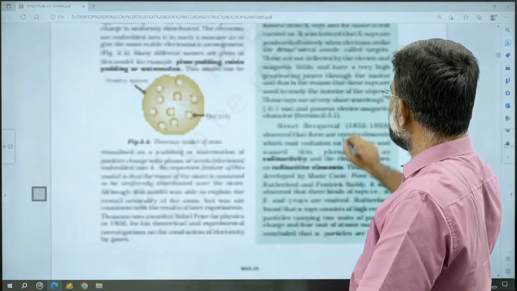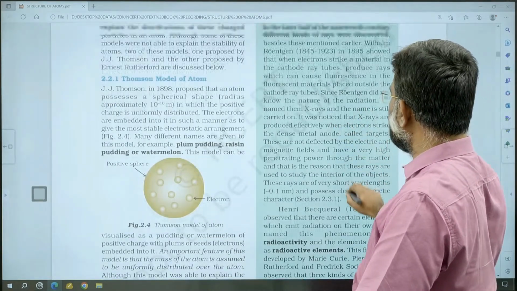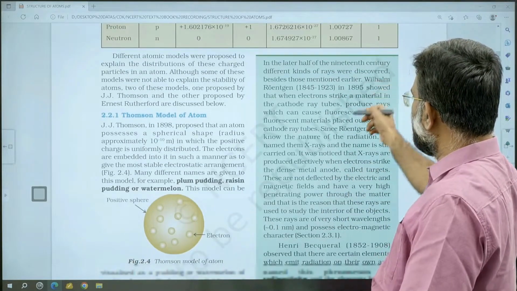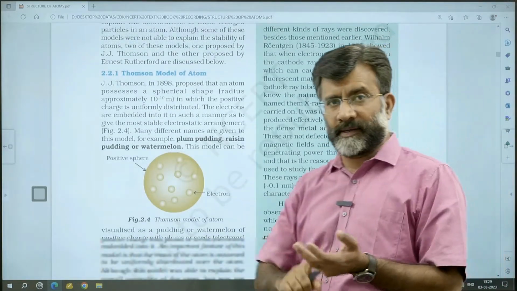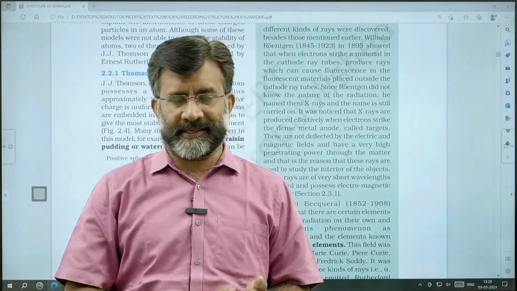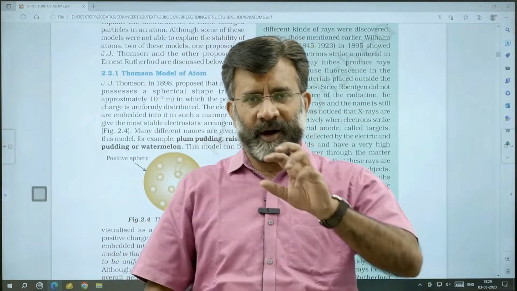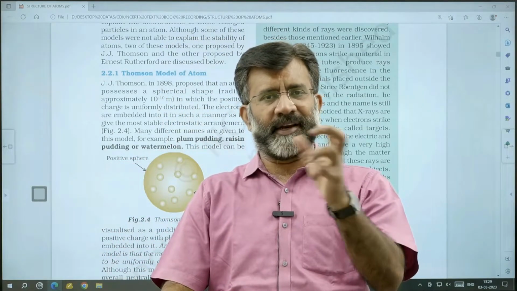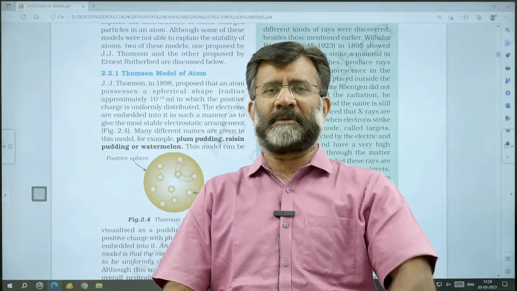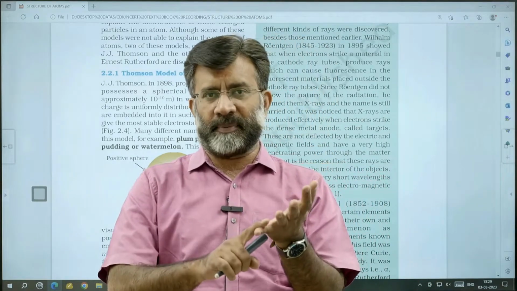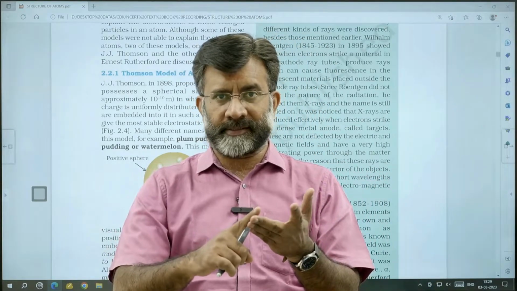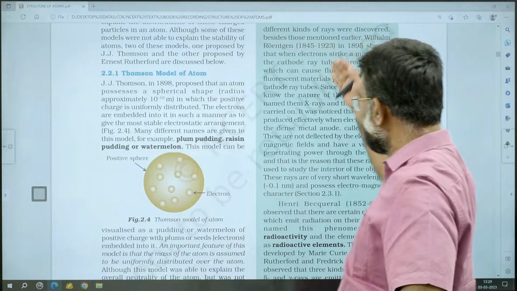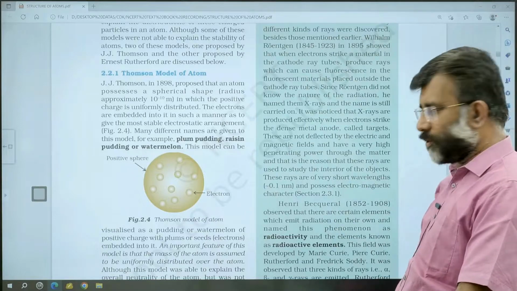And while you learn the Thomson model, there is some information given regarding alpha particles, beta particles, gamma radiations, what an alpha particle is, how radioactivity was discovered, and what the radioactive disintegrations and emitted particles are, the importance of alpha particle, beta particle, gamma rays, and their penetrating ability, etc. These are commented in this column, which you must go through.